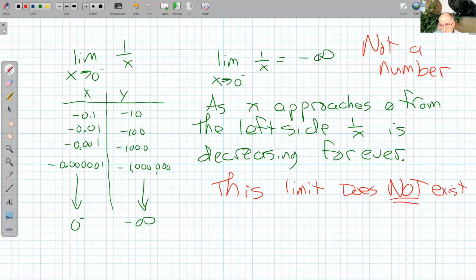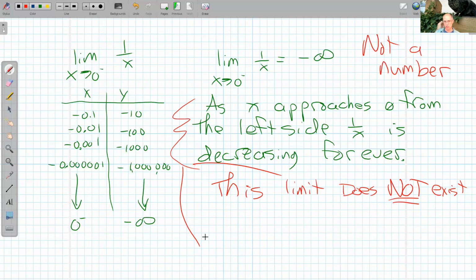Even though I'm saying it's equal to something, it's not a number, so it's just a fancy way of saying it does not exist. So sometimes, instead of just saying, hey, this limit doesn't exist, I can at least give you some more information. I can say, hey, that drops forever. That's information. It's a way of not existing. It's important information about the graph. And when you were doing college algebra, you talked about this as end behavior. So this idea right here describes the end behavior. So the limit doesn't exist. Okay, that's true.